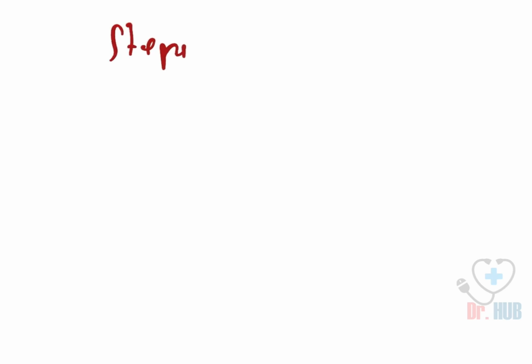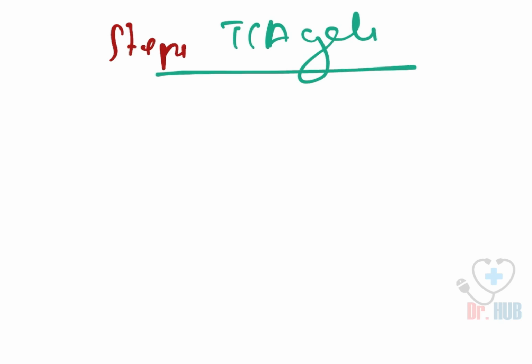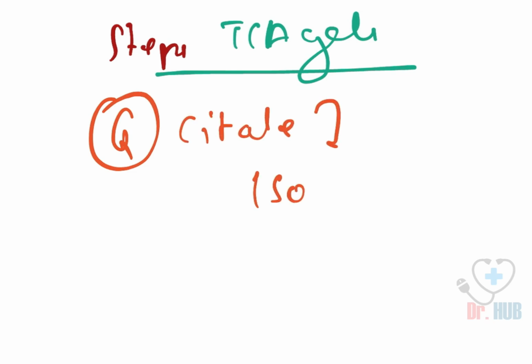In this video we are looking at the steps which are involved in the TCA cycle. To start off, a few questions: explain the process of the conversion of citrate to isocitrate.